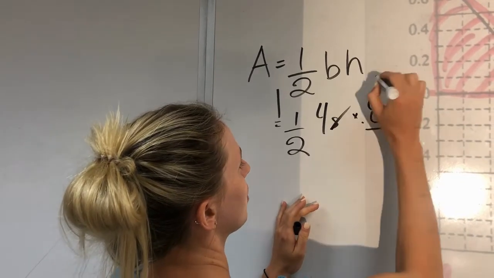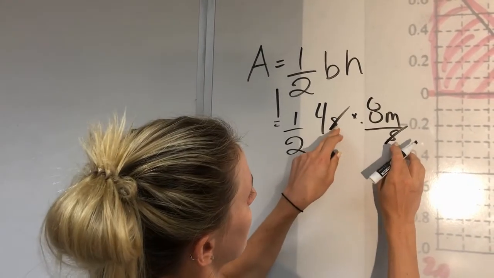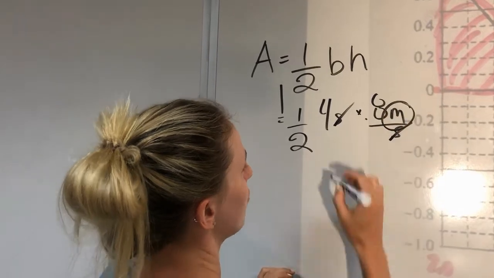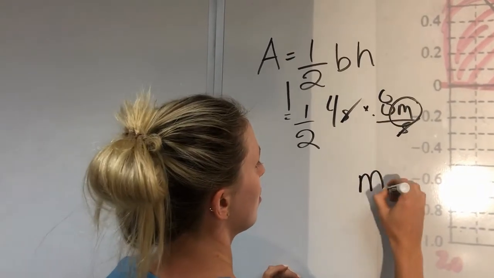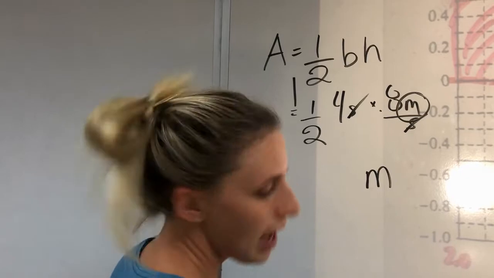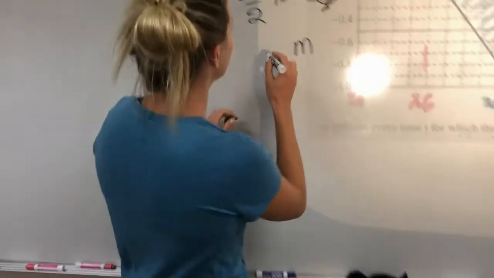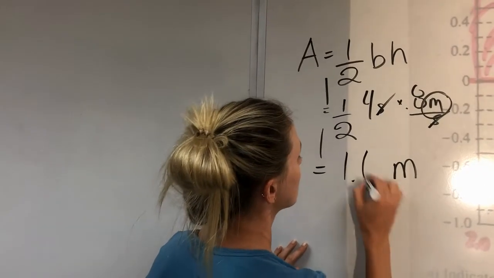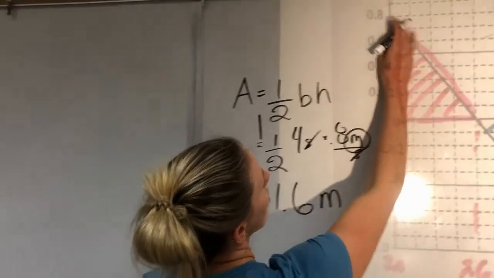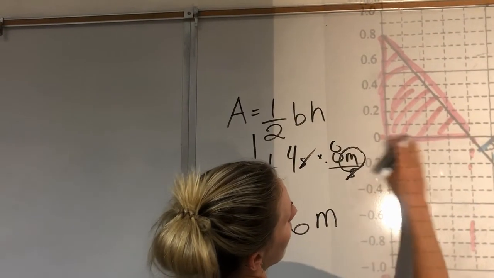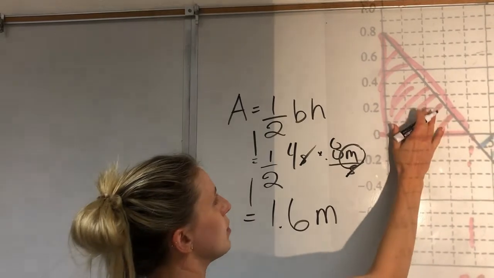So we want to cancel out our s's because seconds are the same on the top and the bottom, and we are left with meters. This makes sense for our unit for area. And the number that I plugged in the calculator was 1.6. So my area between this line and my x-axis is 1.6 meters.